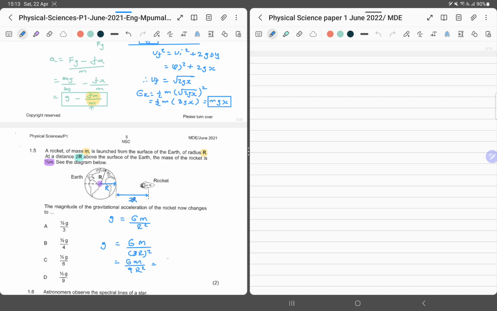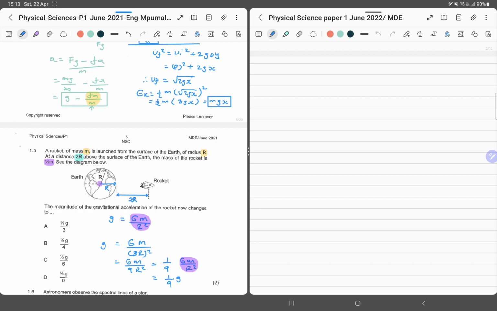So when you factor out this ratio of 1 over 9, we end up with GM over r squared. This, we know for a fact, is the same as that. So that represents g. So this is 1 over 9 times g. And then if you're multiplying by g, this is g over 1.